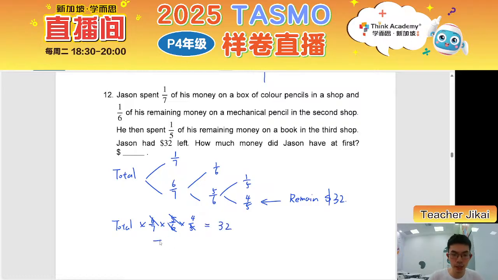So the total times 4/7 is $32. What is the total here? We divide 32 by 4/7, so it is $56. So the answer here is $56. Okay?